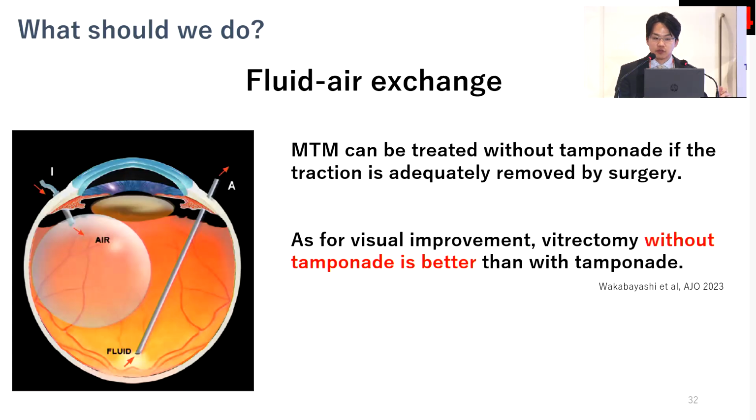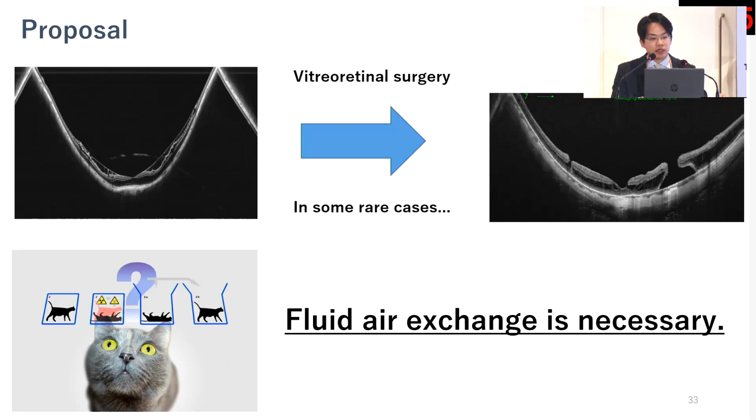My answer is fluid air exchange. Normally, MTM could be treated without tamponade if the traction is adequately removed by surgery. And also, some papers reported that, as for visual improvement in the long term, vitrectomy without tamponade is better than with tamponade. The eyes with parabascular abnormalities also have other vitreous adhesive lesions.